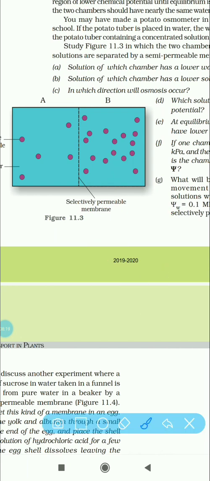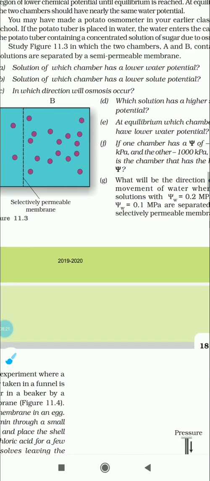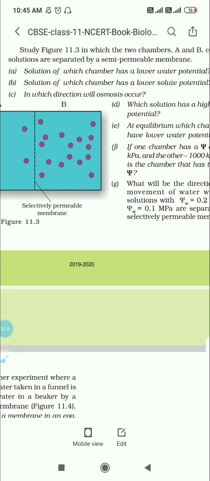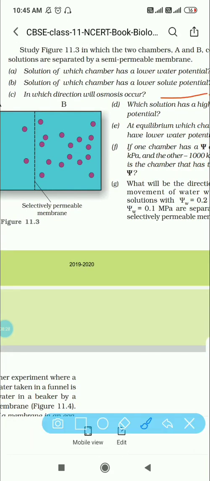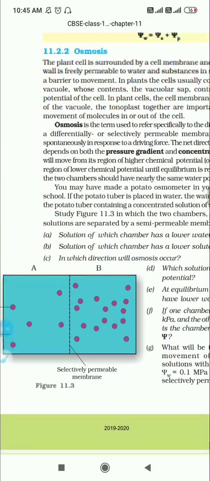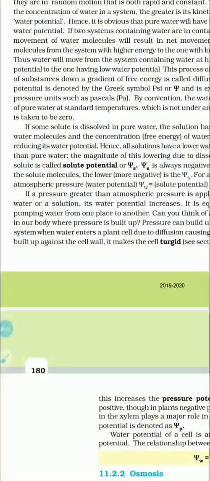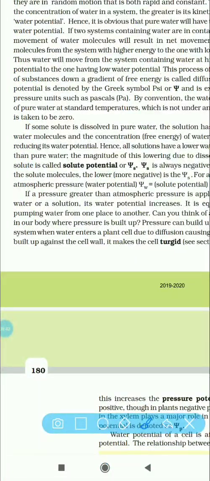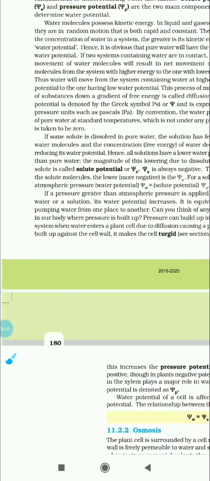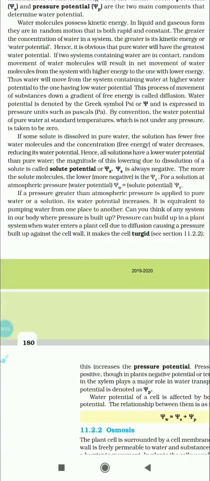Now we'll take the second question. Which chamber has lower solute potential? Yesterday we discussed this sentence, and if you have gone through my notes, you might know that solute potential will always be negative on dissolution of a solute.